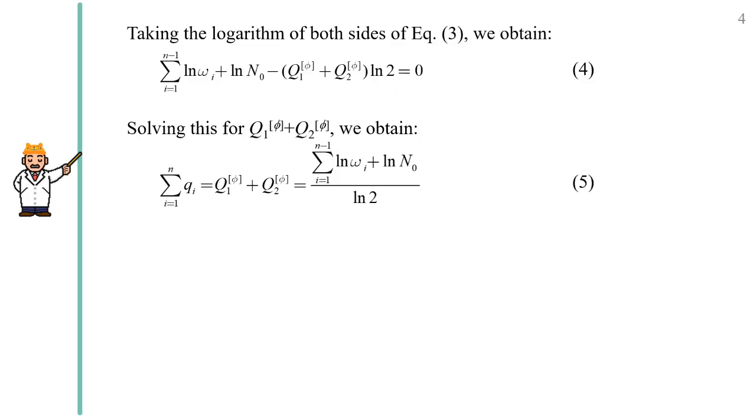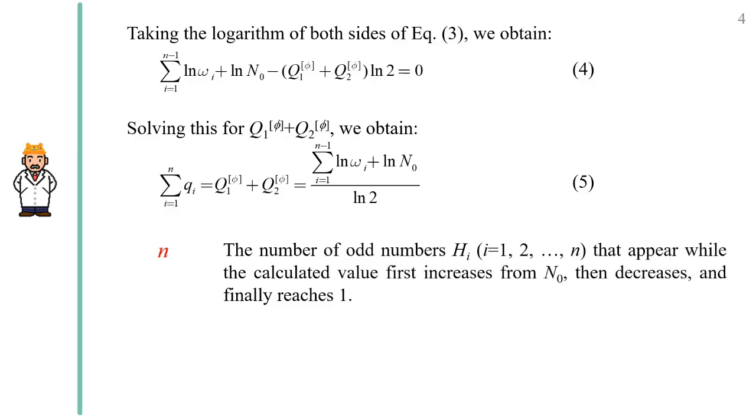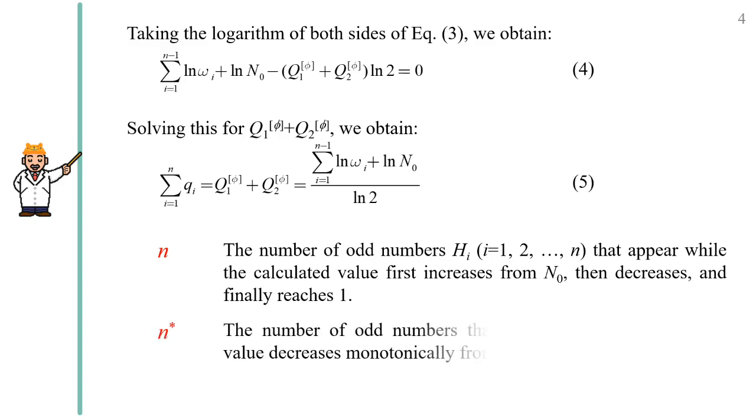Below, let n be the number of odd numbers h sub I that appear while the calculated value first increases from n sub 0, then decreases, and finally reaches 1. Let n super asterisk be the number of odd numbers that appear when the calculated value decreases monotonically from n sub 0 to 1.